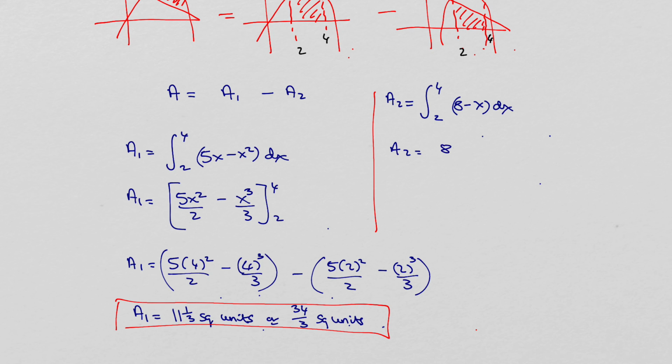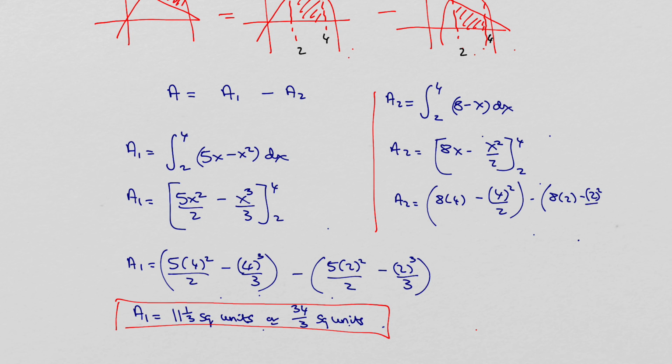So that would give us 8x minus x squared over 2, upper limit being 4, lower limit being 2. So that would give me 8 times 4 minus 4 squared over 2, minus 8 times 2 minus 2 squared over 2. And therefore that would give me an area of 10 square units.